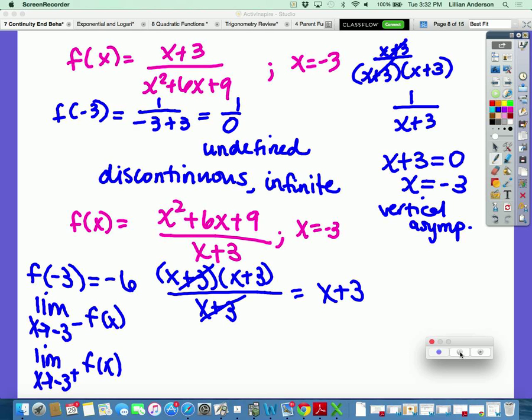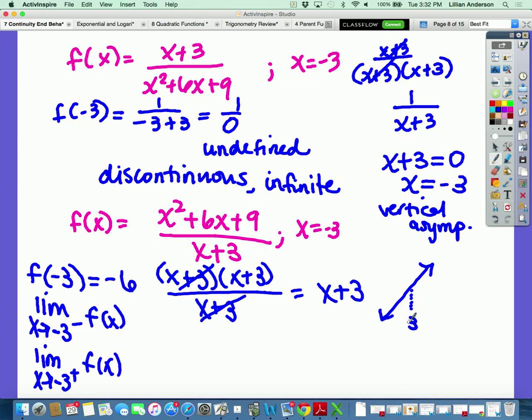And yeah, I got that linear function when I simplified, but nonetheless, that's what it's going to look like. It's going to look like a line. And with lines, no matter what value x is, when you're approaching from the left and from the right, you're going to end up approaching the same number. Okay? So, as you're approaching from the left and the right, it's going to approach still negative 6.